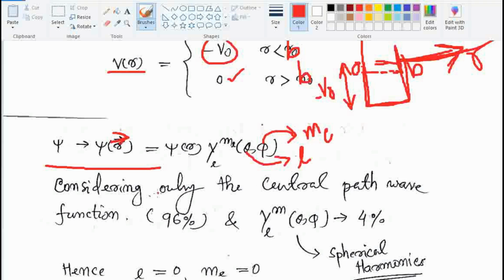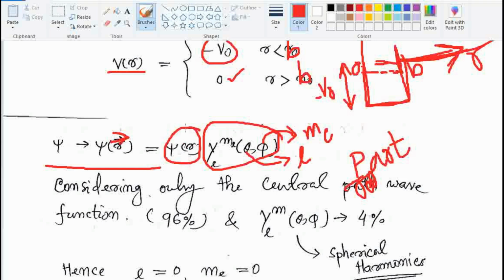Considering the central part, this is the central part, not path. Central part means we are considering the central part wave function only, and we are neglecting the harmonic part. Why? Because in the previous question, question number 86, I mentioned that the radial-dependent central part wave function has a contribution of 96%.